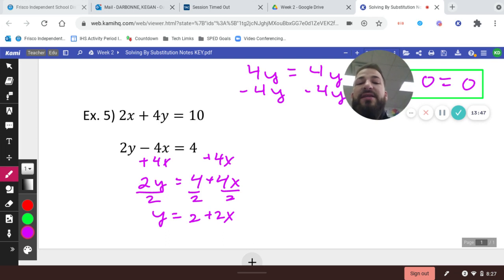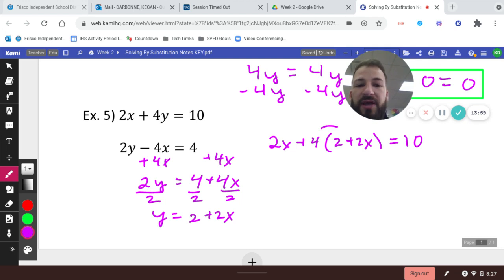And then I can go ahead and plug this into the other equation. So 2x plus 4, parentheses, 2 plus 2x, is equal to 10. So distribute that 4. We get 2x plus 8 plus 8x is equal to 10.